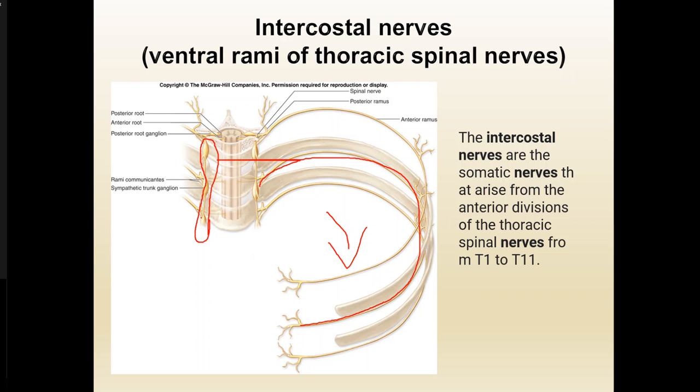These are the ganglia of the sympathetic trunk that communicate via the rami communicantes over here with your spinal nerves. And so here are your intercostal nerves that are in the thoracic area, forming the thoracic spinal nerves.